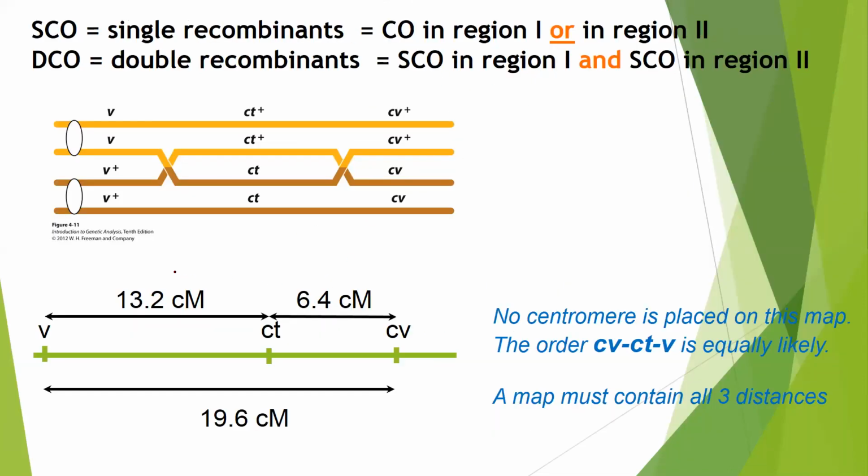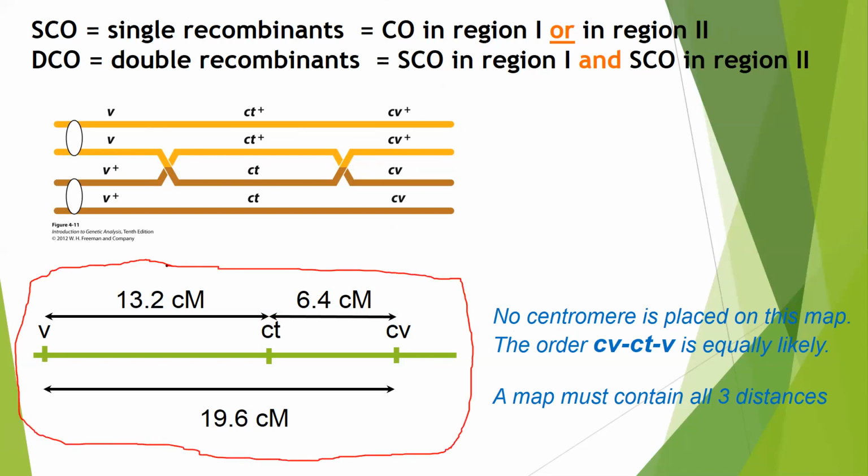In the test, once you get these results, you can get the full credit for this problem, because for this mapping we just try to map the 3 genes on the same chromosome. This mapping does not involve the centromere.